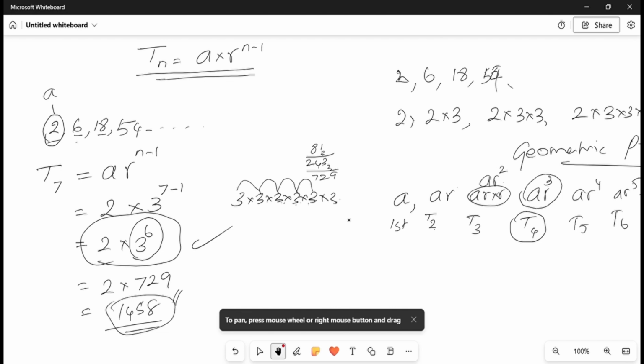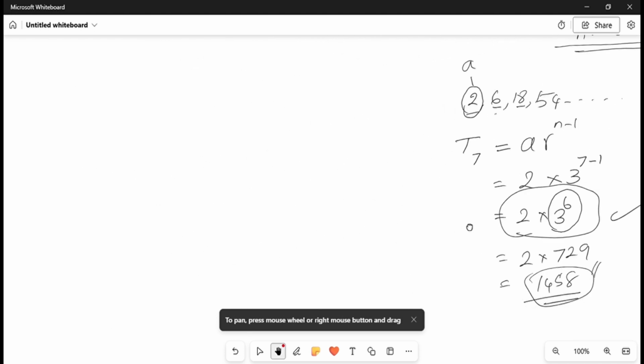So you must compare the arithmetic progression and the geometric progression. In the arithmetic progression, we studied the Tn. Look at the connection between the geometric and arithmetic. Tn in arithmetic progression is a plus n minus 1 into d. This is for arithmetic.